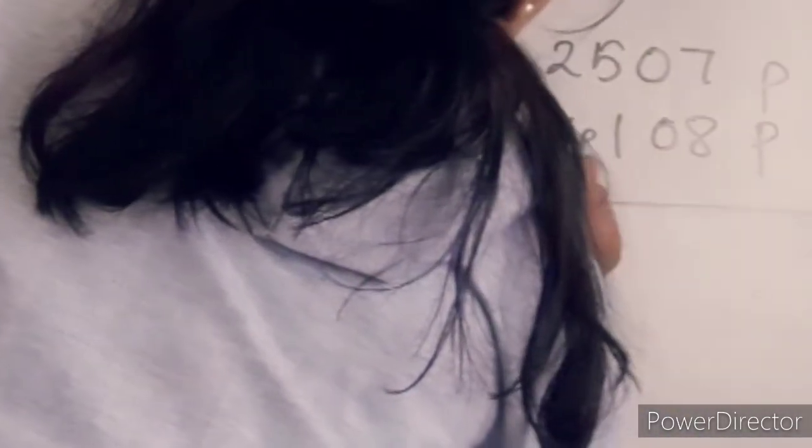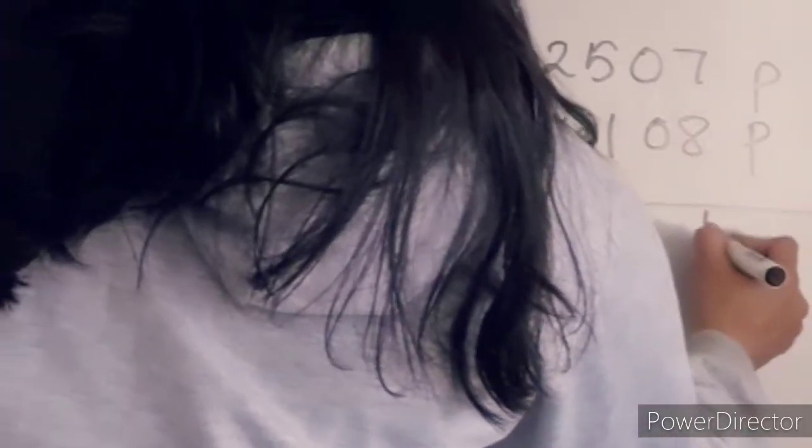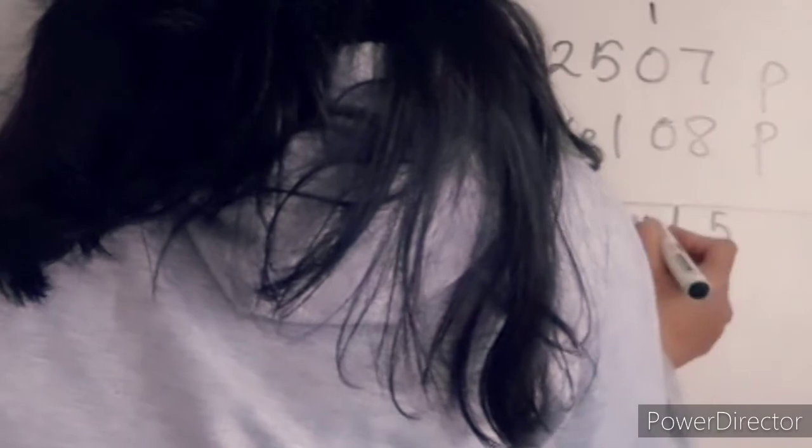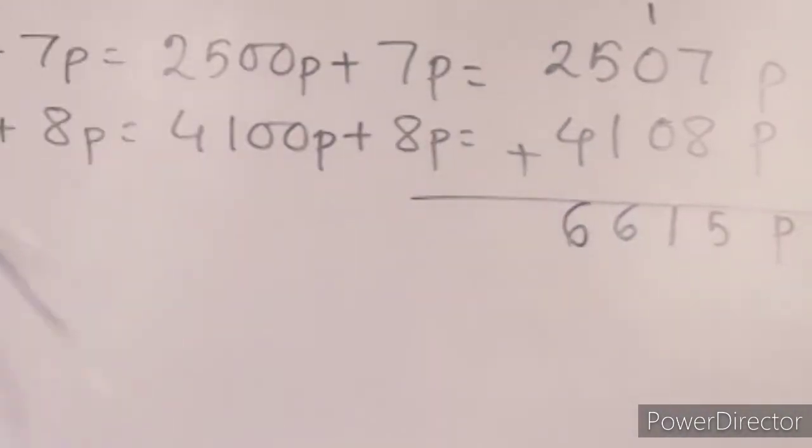Now add this. 7 plus 8, 15. 1 is in your hand. 1 plus 0, 1, 1 plus 0, 1. 5 plus 1, 6. 4 plus 2, 6. So the answer is 6615 paise. 4b you will solve.